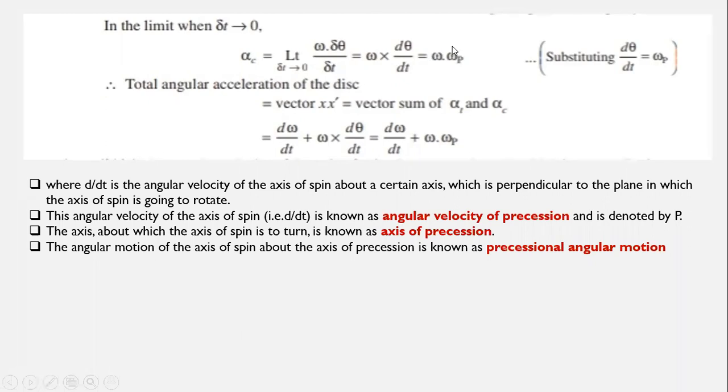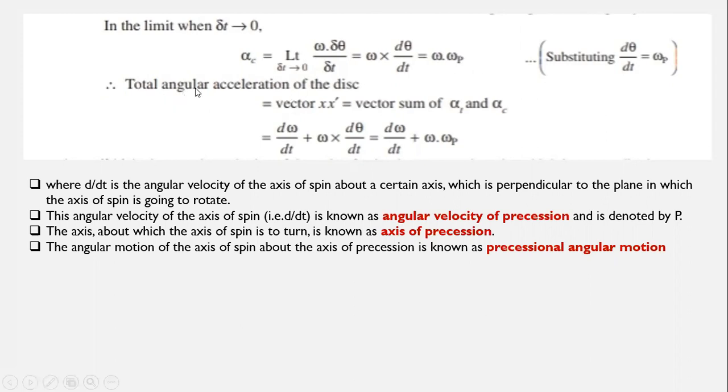This formula is very important in the later problems. We are considering this formula as the direct value for the gyroscopic couple. We add inertia in the later developments, but omega into omega p is the basic formula for the gyroscopic couple for angular acceleration.